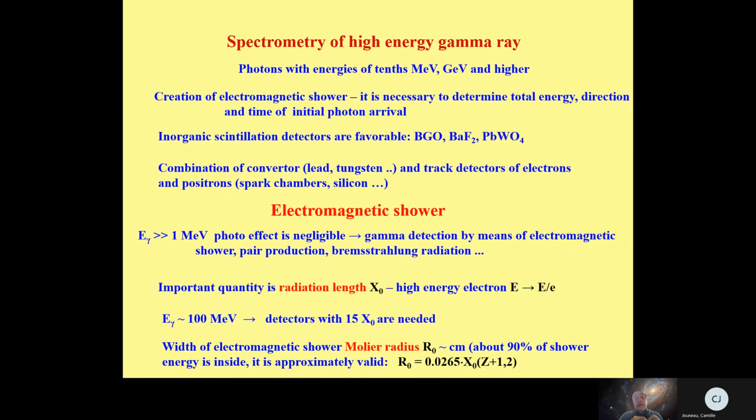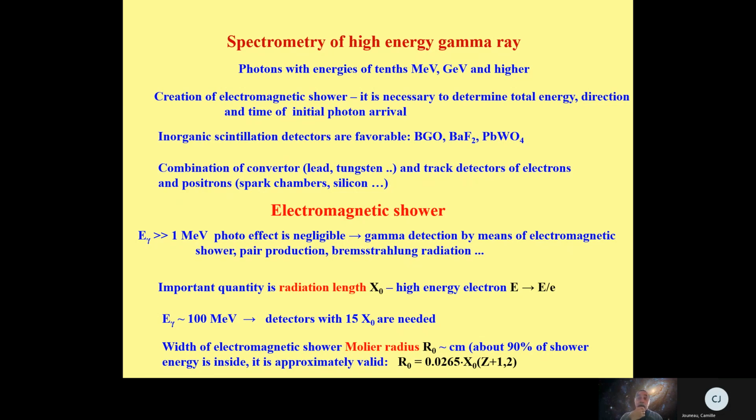That means these electrons and positrons will produce Bremsstrahlung radiation.